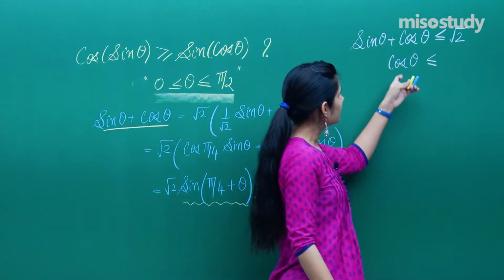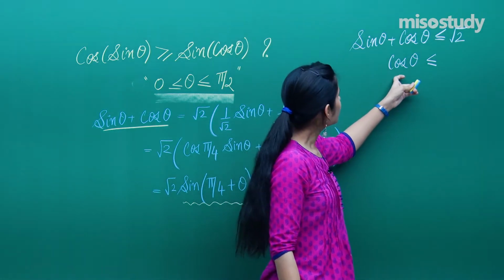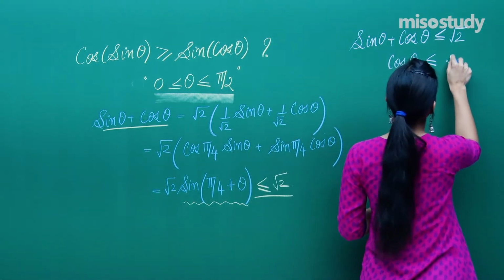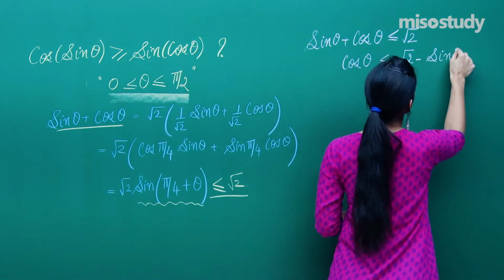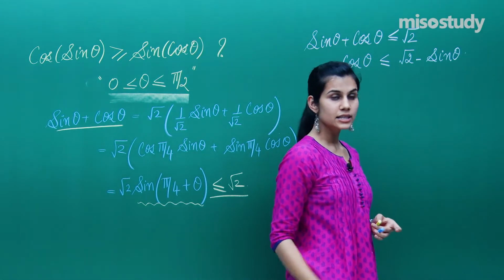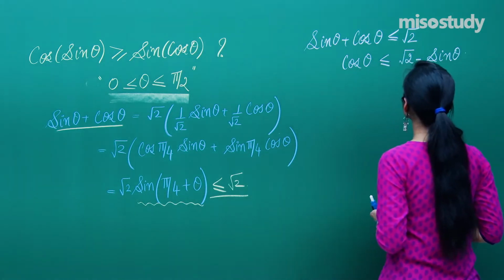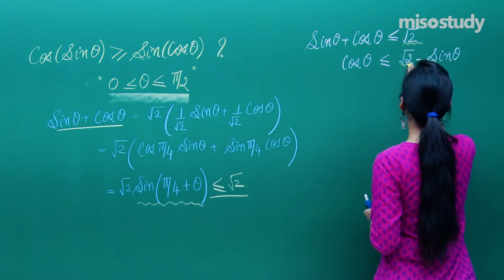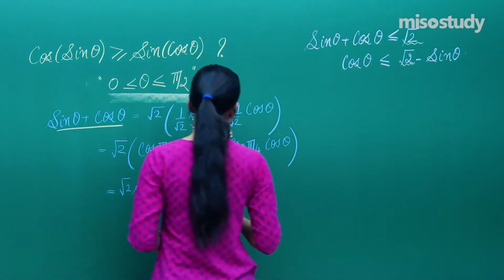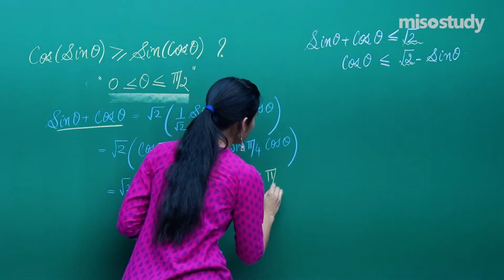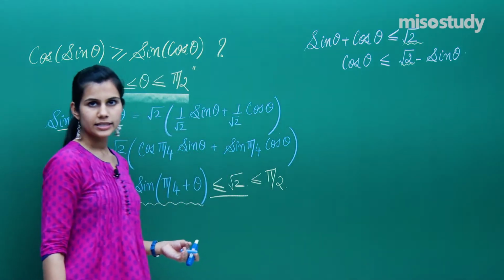cos theta can be written as less than or equal to this, but rather it would be better if instead of root 2 we try to incorporate something like allied angle, and because of that only, you know root 2 is less than or equal to pi by 2, isn't it?